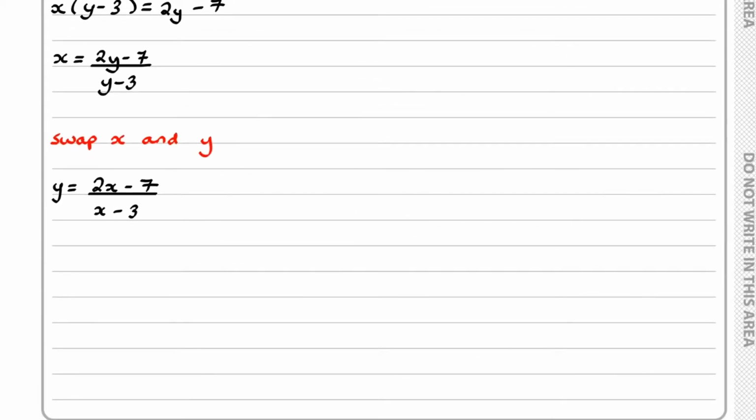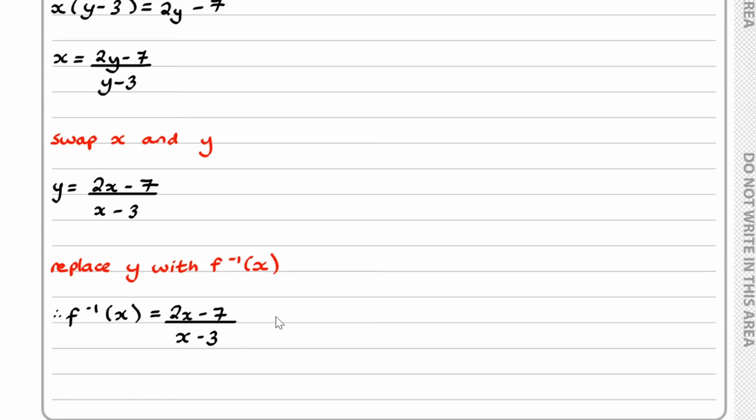And our final step is to replace the y with the inverse of f. So we can therefore conclude the inverse of f of x is equal to 2x minus 7 over x minus 3. This has a domain of x taking all real values and x not equaling 3.